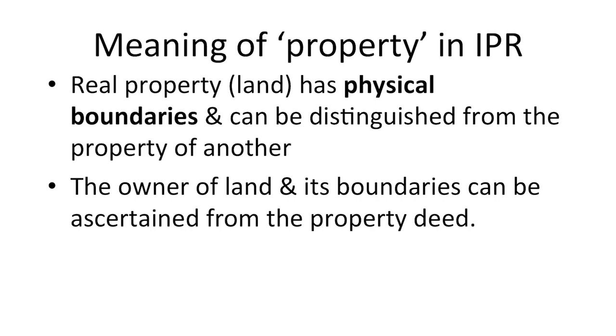Intellectual property is not readily discernible, because the rights don't manifest themselves in time and space in a tangible form, so we find it difficult to settle disputes on intellectual property rights.